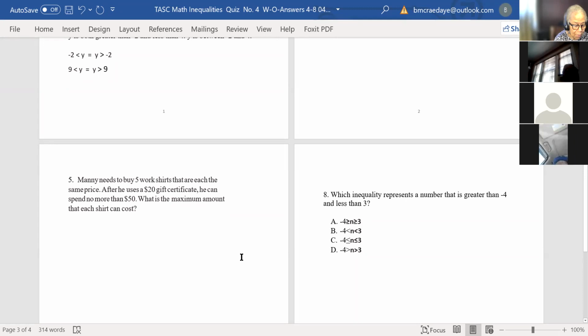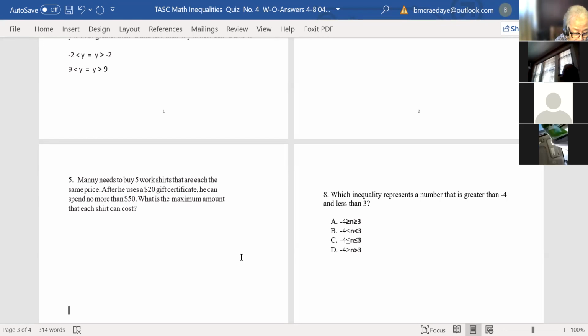Now, Miss Barbara? Yes, Maureen? Yeah, we're finishing up math inequalities quiz number 4. We just did number 4 and we're on number 5. And we will finish up our algebra number 4.